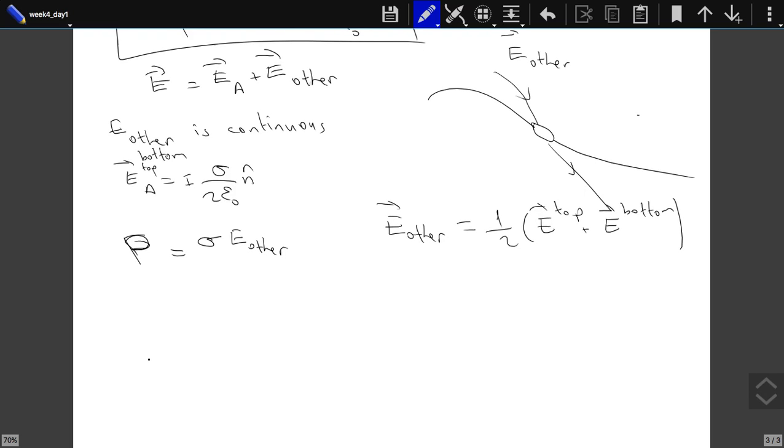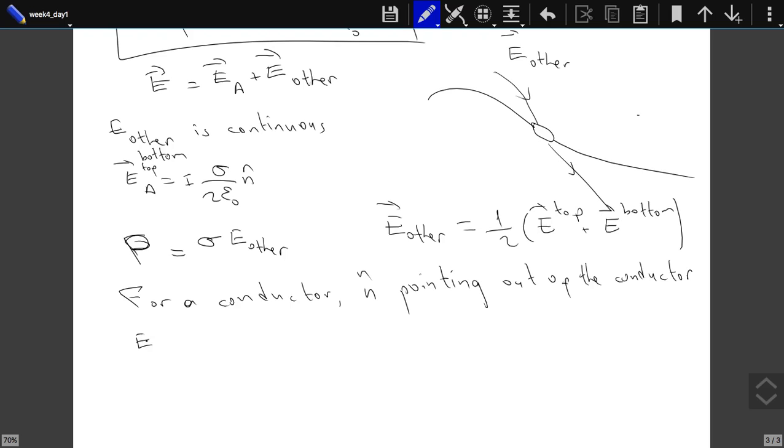Now, for a conductor, pointing out of the conductor, E bottom, the electric field at the bottom of the surface, is 0. So the electric field at the top is just sigma over epsilon 0 in the normal direction.